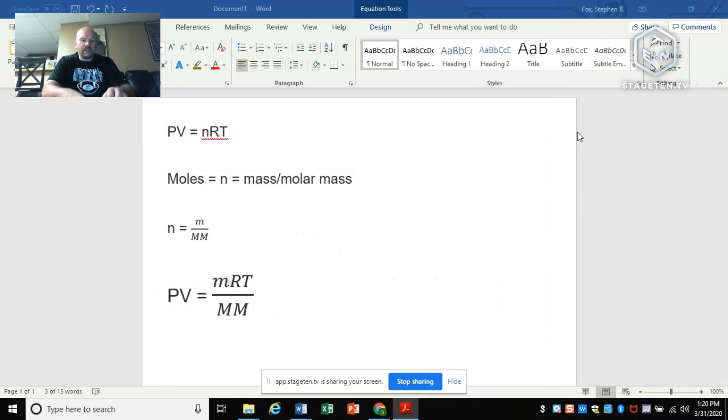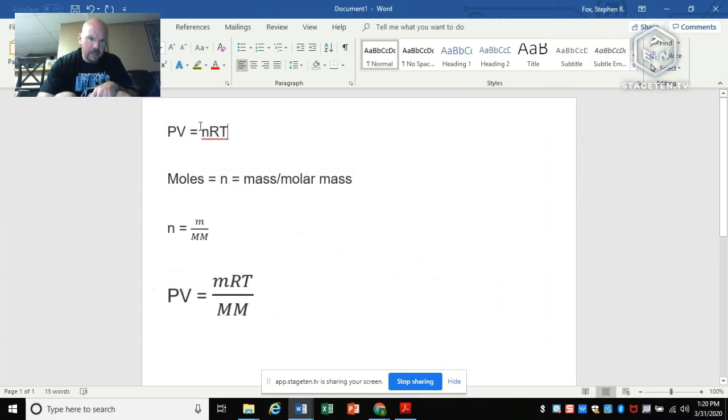You would have to plug in everything in the ideal gas law. But if you were using this ideal gas law, what would you have to plug in? You would have to plug in moles of CO2, but I gave you grams. So how do you get moles of CO2? You would take the mass that I gave you, the mass of the gas, and you divide it by the molar mass, right? So this equation and this equation are the same thing. It's just we've substituted mass over molar mass for moles in the ideal gas law, right?